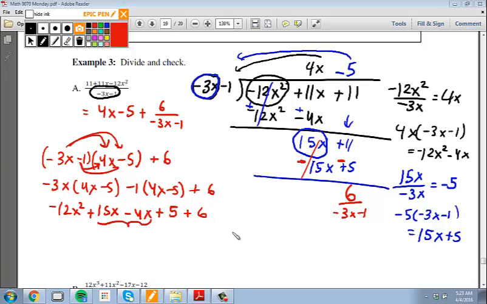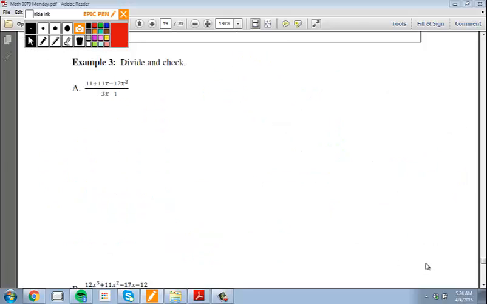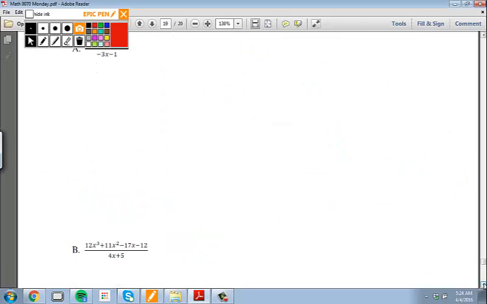So we combine the like terms, and we are indeed left with negative 12x squared plus 11x plus 11. Kaboom! Alright, we just verified that. We just checked it out. I'm very excited about this. I could not even be more happy if I wanted to be.